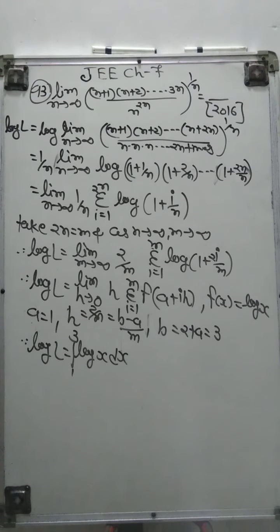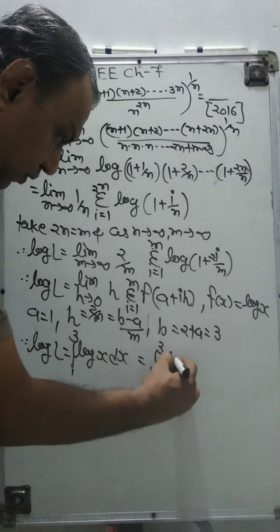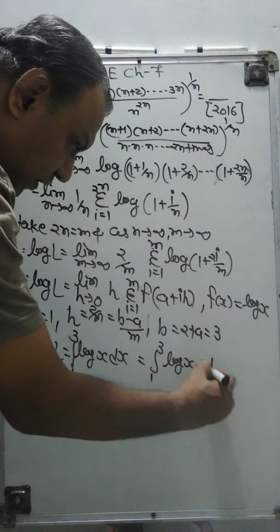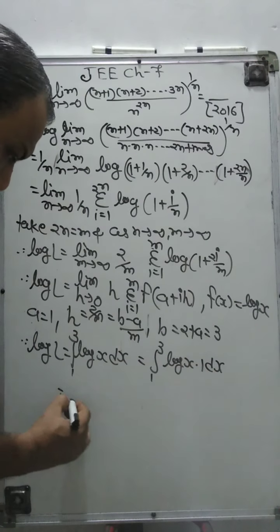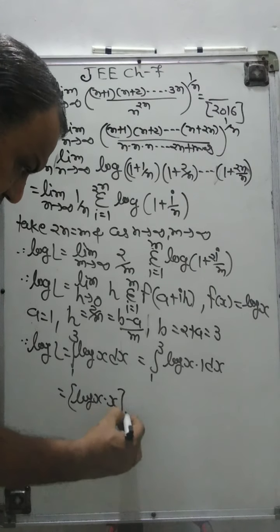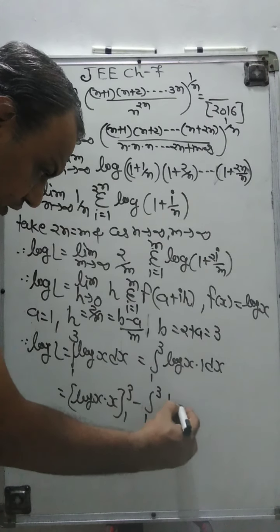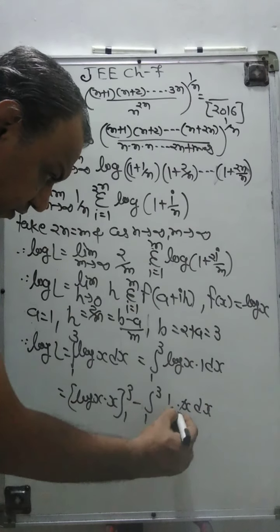Now we just integrate by parts. Integration 1 to 3 log x into 1 dx, u and v. First as it is, integration of second, minus integration of derivative of first, integration of second as it is.